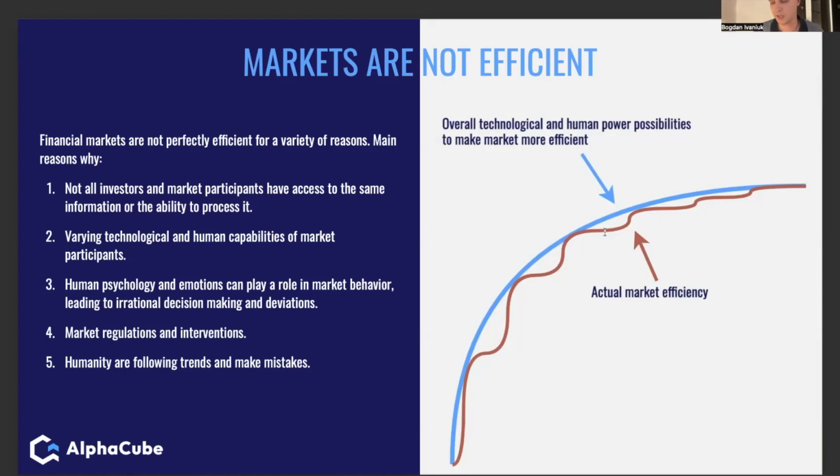We can create a prediction of what will happen in 1 month and 2 months if we do not use masks regarding COVID-19. We can predict some portions of it, but the risk of error is too high. That's why humanity is always following some trends and making mistakes, and based on these mistakes, we have market inefficiency.